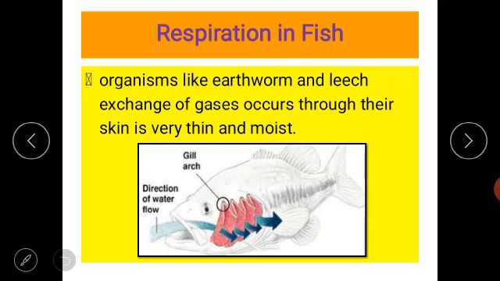As I have shown you in the image, water moves inside the mouth and moves outside through the gills, and in the gill arch, gills are present through which water passes out, and at that time there is an exchange of gases. Carbon dioxide is released and oxygen is absorbed by the gills. So this is also called surface respiration.